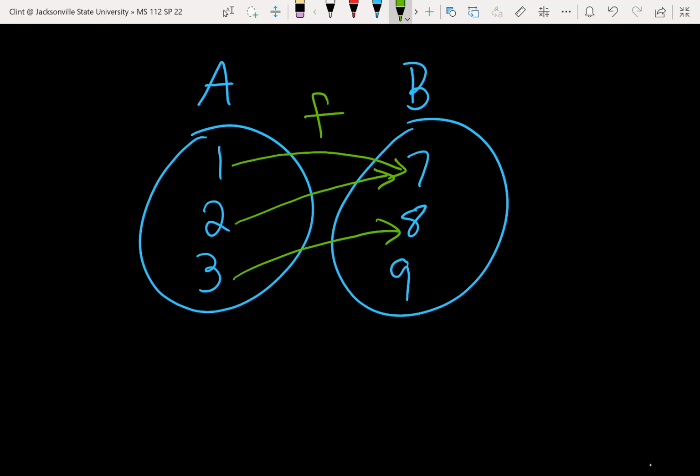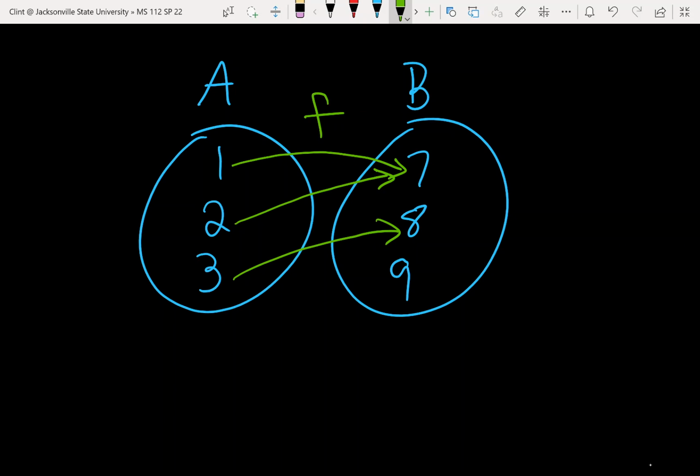Still, the thing we have to check on is our definition says each input, each x, goes to exactly one output, exactly one f of x value. So here the thing that's maybe a little tricky is that 1 goes to 7 and 2 goes to 7.